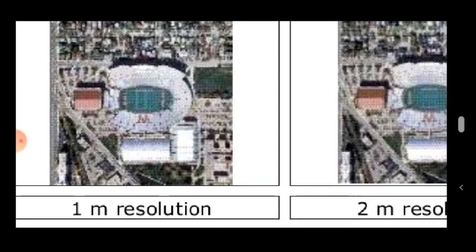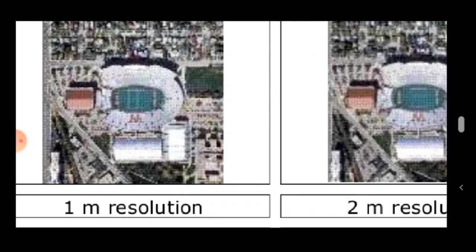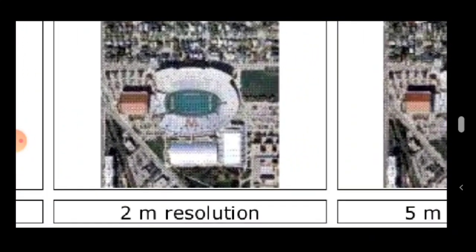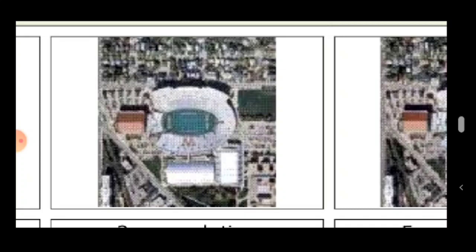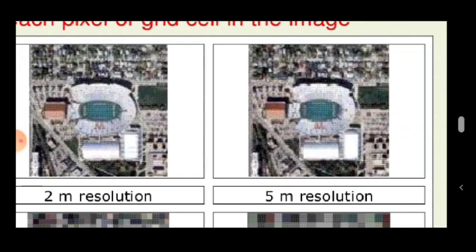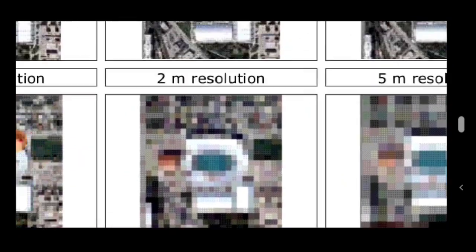Here, 1 pixel covers 1 square meter. Here, the maximum area that 1 pixel can cover is 4 square meters. Here, 25 square meters. Here, 900 square meters.